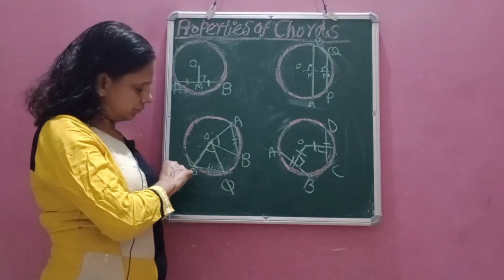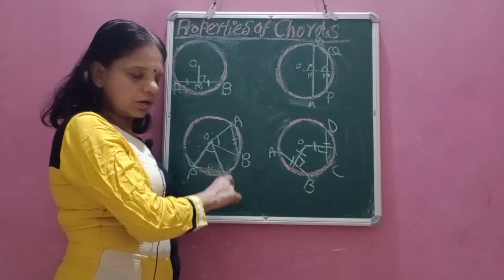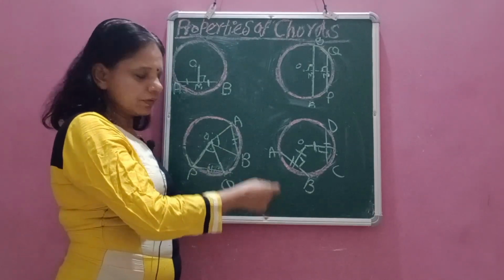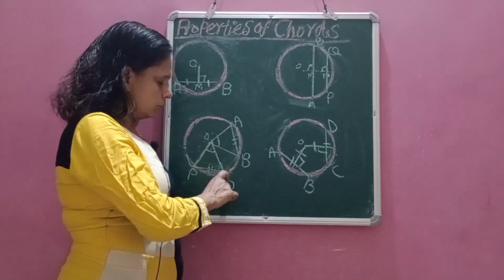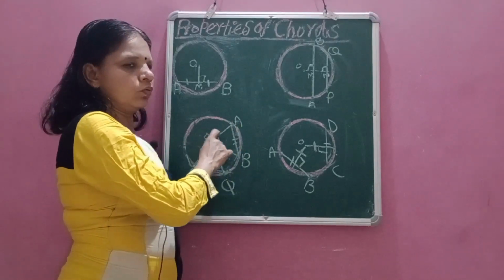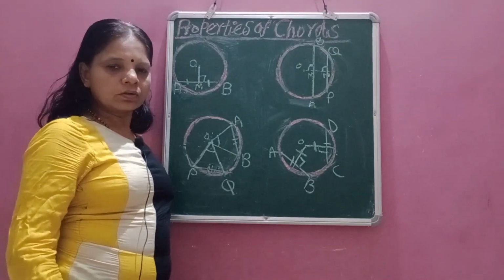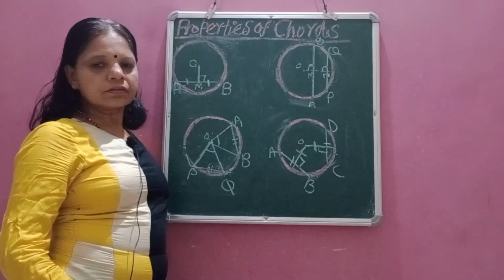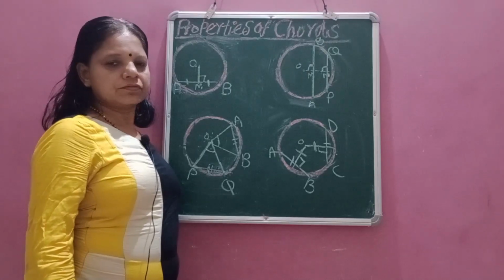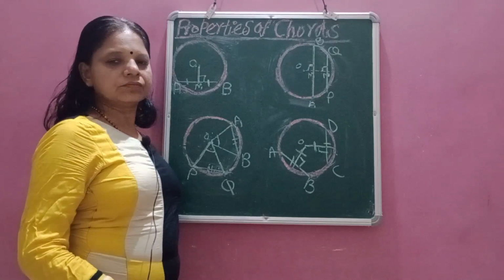According to this property, if chord PQ is congruent to chord AB, or if their lengths are equal, then angle POQ is congruent to angle AOB. So how will you say the statement of this property? Congruent chords subtend congruent angles at the center of the circle.